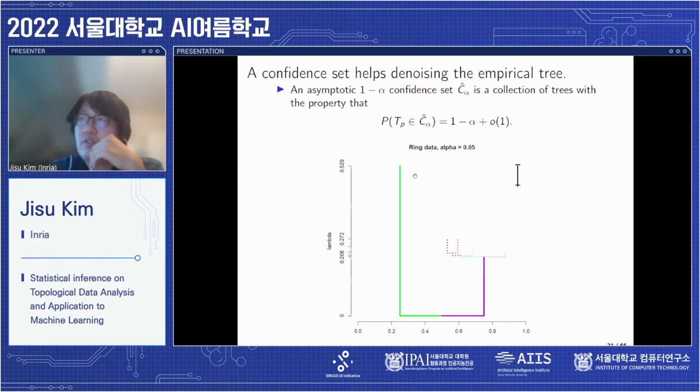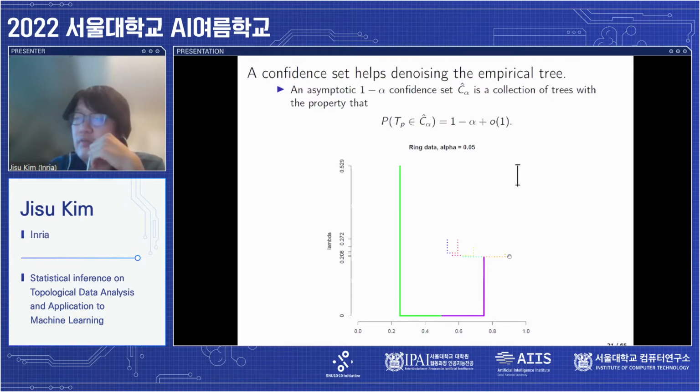So for example, when you make the cluster tree from the density estimate, you will have this kind of small leaves as well, which possibly come from the sampling effect or noise.